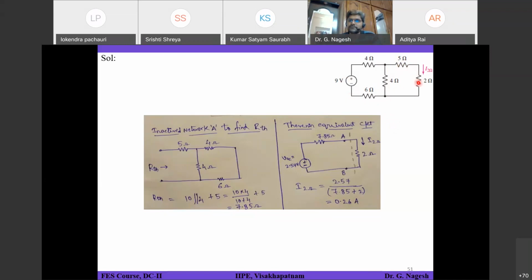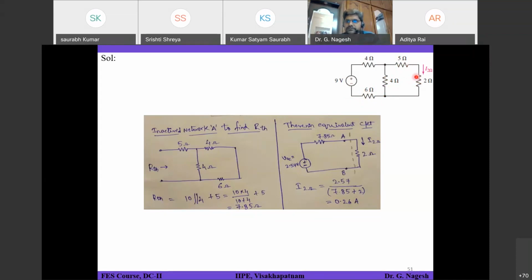This 5 and 2 are there, make it 7. 7 and 4, you make it parallel. So that is again 6 ohms. That means you will have VTH and some resistance and 6 ohms in series. You are understanding? There is no need to go to Thevenin's theorem, simply because you are interested in only finding what is happening in 6 ohms. Reduce the entire network straight away.